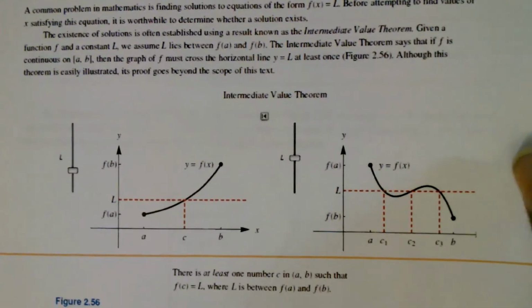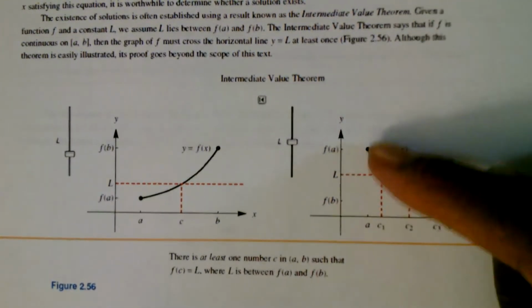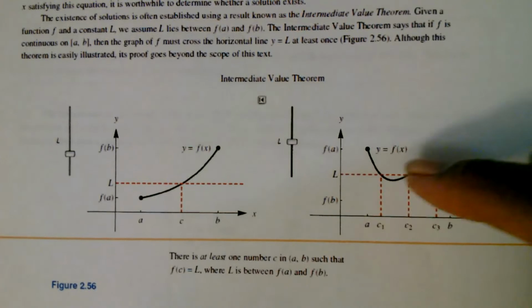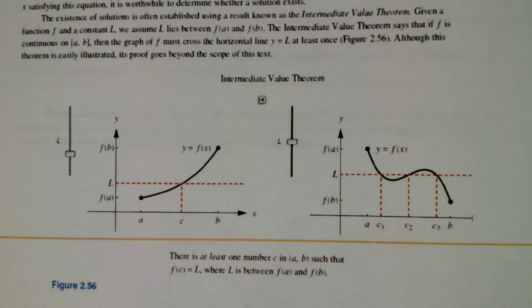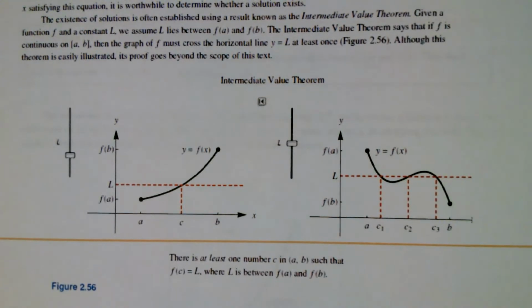And also in this case right here, you can see here's L. So the graph has to cross the line y equals L at least once. So here there is at least one number c in the closed interval [a, b] such that f of c is going to be equal to L when L is in between f of a and f of b.